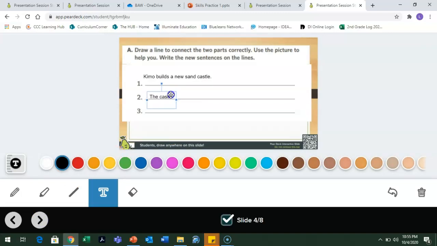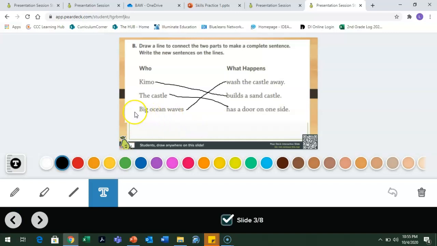Let me see, boys and girls. The castle has a door on one side. And I can stretch it to make it longer. There you go. And the last sentence is big ocean waves wash the castle away.